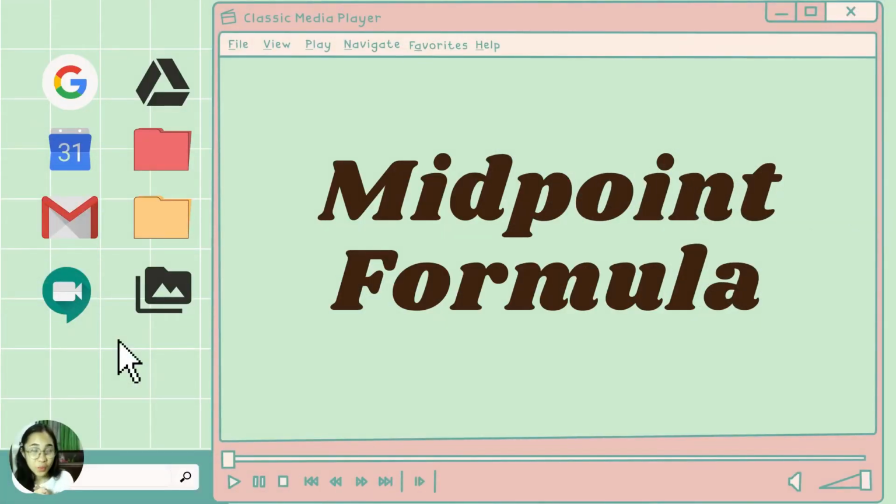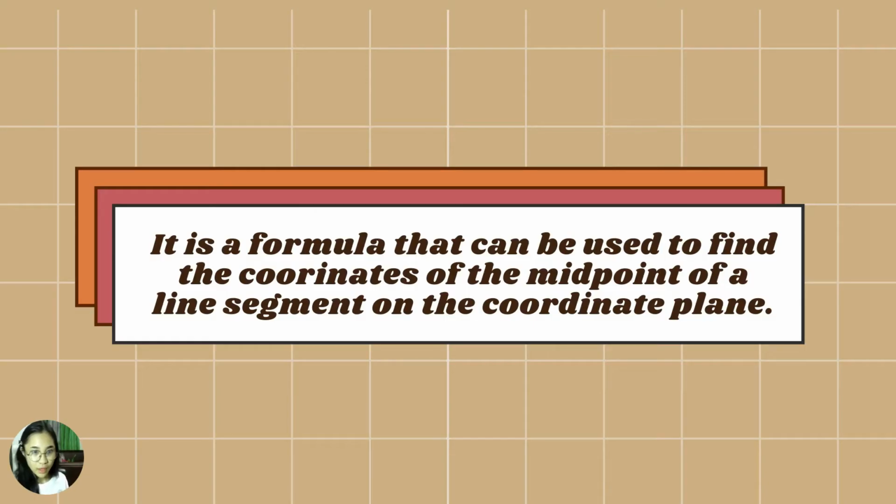Okay, so now that we have done solving distance formula, let us move on to the third topic. We have the midpoint formula. So midpoint formula is a formula that can be used to find the coordinates of the midpoint of a line segment on the coordinate plane.